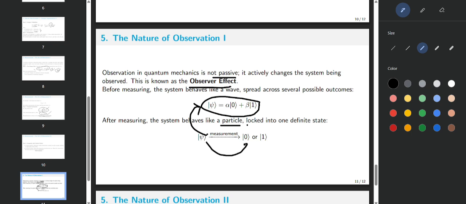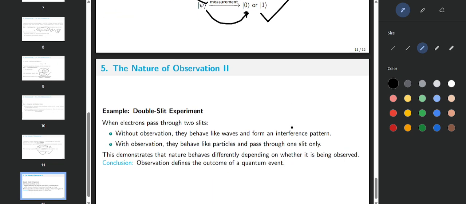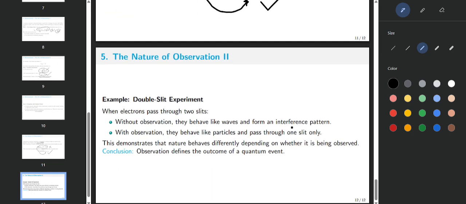Remember that famous example I have given, the double slit experiment. When electrons pass through two slits, if we do not observe them, they act like waves and create interference. I explain this in every class. If we observe them, they behave like particles, going through only one slit at a time.